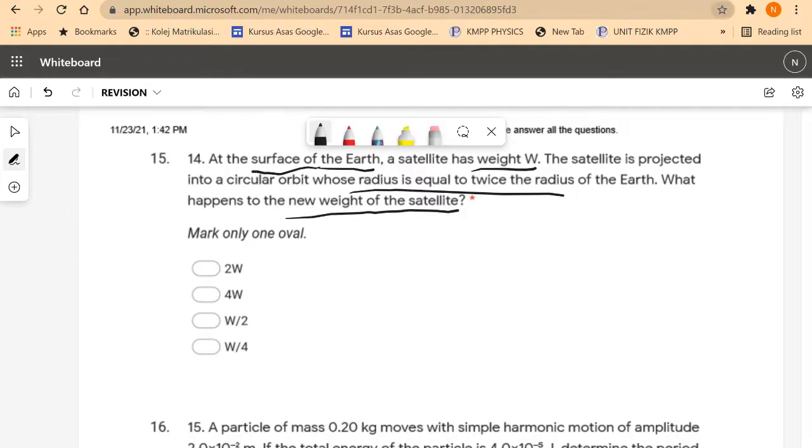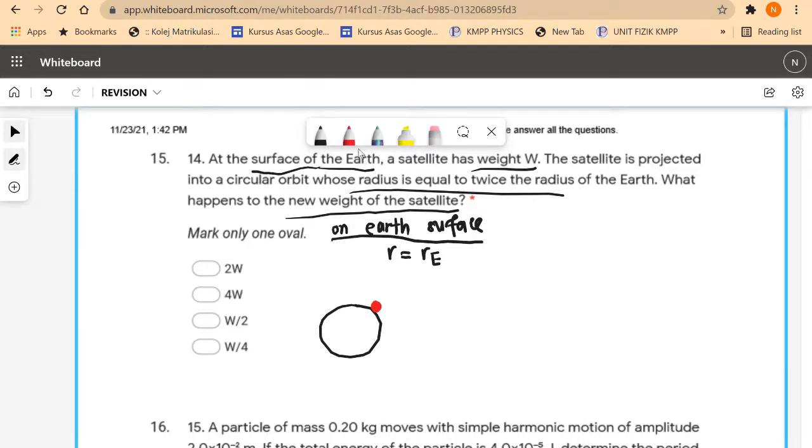So on Earth's surface, R equals the radius of Earth. This is the Earth, and this one is the satellite on Earth's surface.